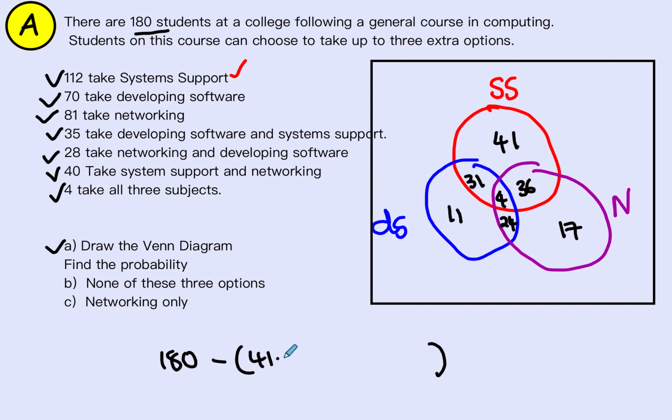So that's 41 plus 31 plus 4 plus 36 plus 24 plus 11 and plus 17. So just be very careful that you've included all of these items. There are 1, 2, 3, 4, 5, 6, 7. And then perform the calculation, 180.